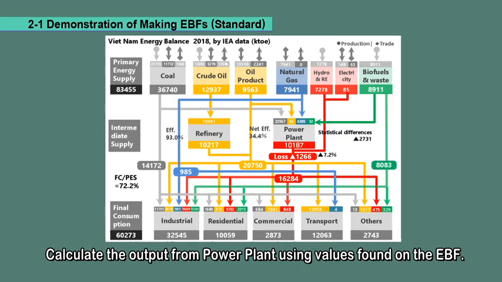Now check your calculations. Power plant here is for thermal power. Hydro and RE are already specified at the top. So calculate the output from only thermal power. This is the sum of total final consumption of electricity and losses, subtracted by electricity from hydro and RE and imported electricity.